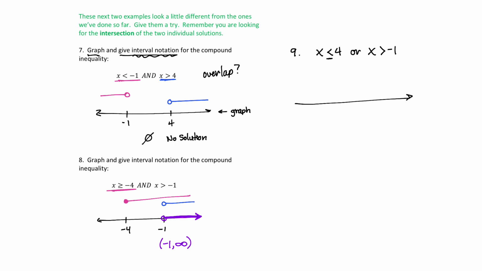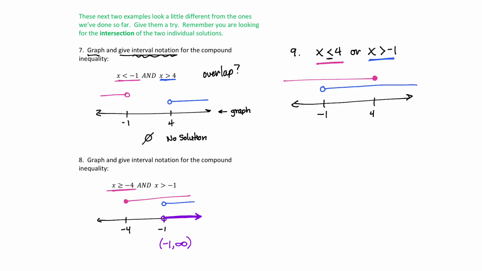So here's our number line with a -1 and a 4. Let's get our work in there. So at 4, it's a closed circle going to the left. And at -1, it's an open circle and going to the right.